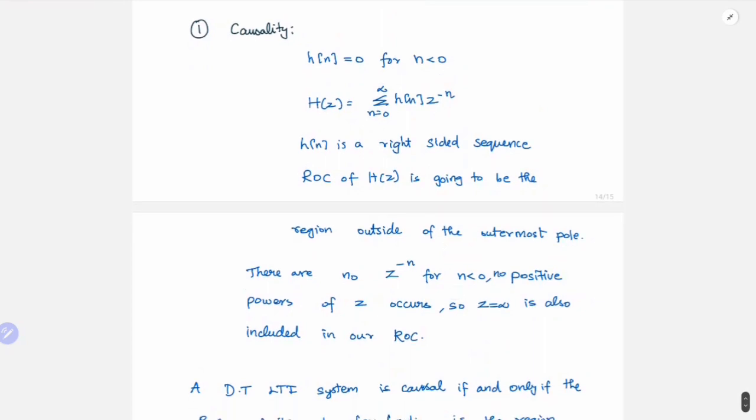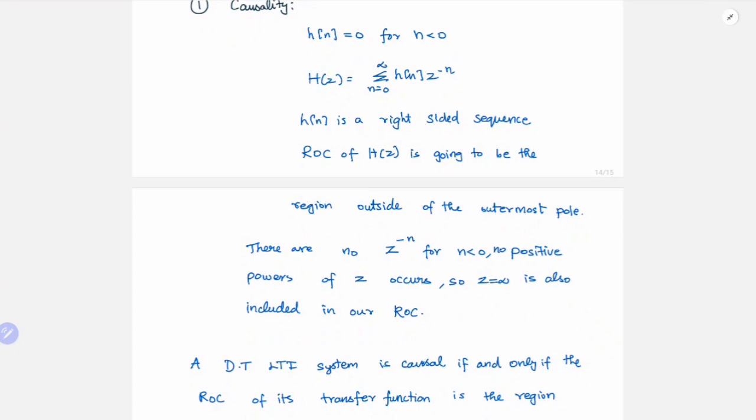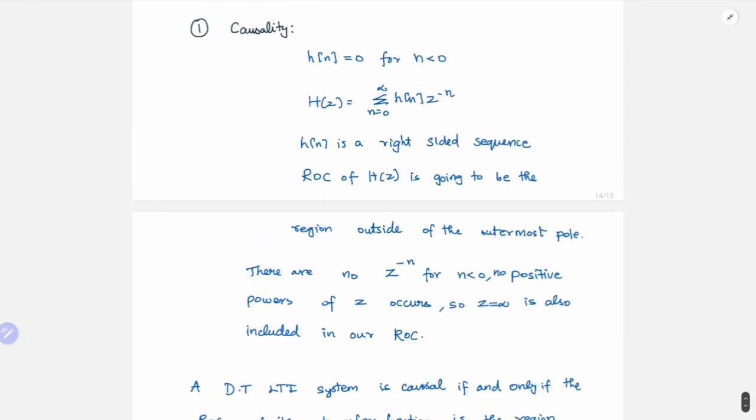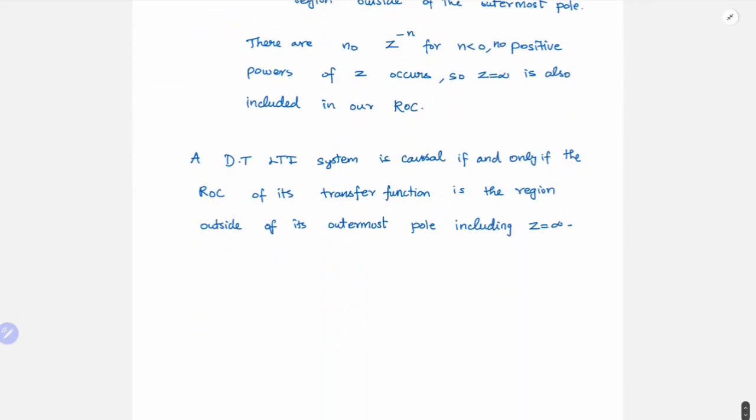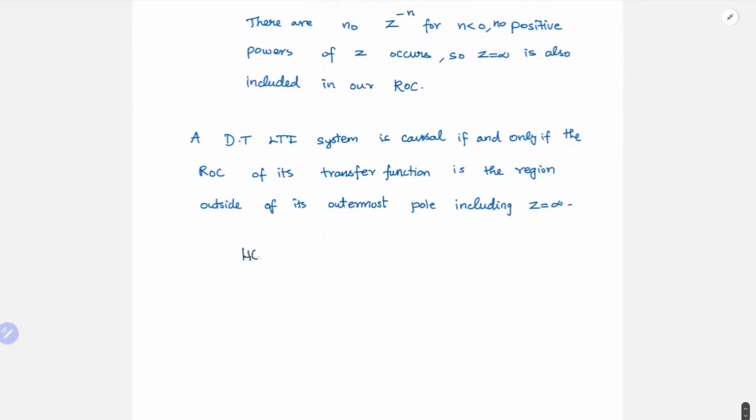So this is the condition for causality which we derived from the Z transform. Just by looking at the region of convergence for H of z, we can determine the causality conditions for our system transfer function. This also means that if my H of z is a rational function, then the limit as z tends to infinity of H of z should be finite, correct?